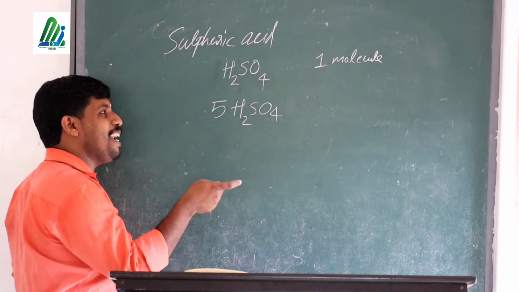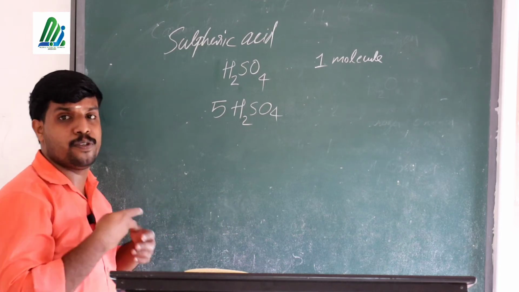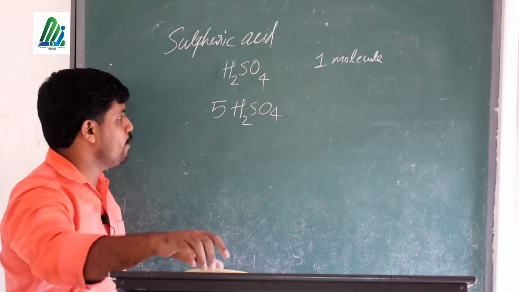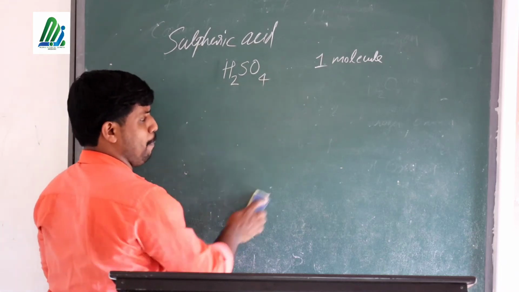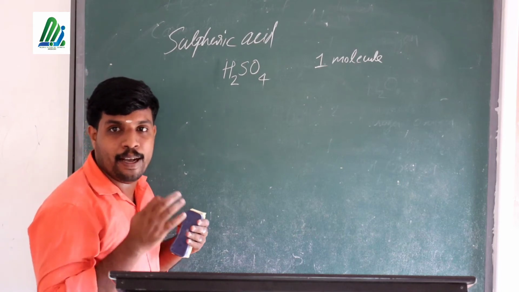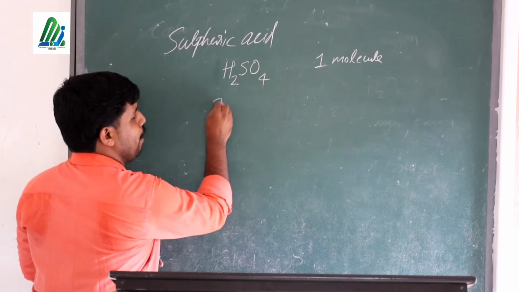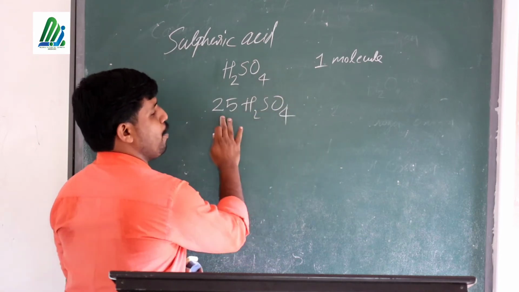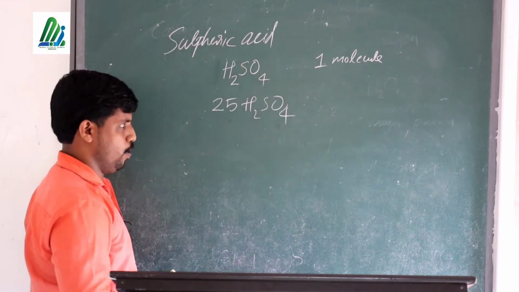To represent 25 sulfuric acid molecules, you just write 25 H2SO4.